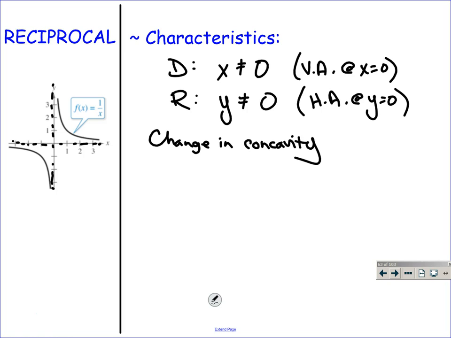When does the change occur? At the vertical asymptote, where it doesn't touch. So the vertical asymptote is a point? No, it doesn't make sense. So there is no point of inflection even though there is a change in concavity. The change happens at the vertical asymptote, but that's not a point, so I can't say it.